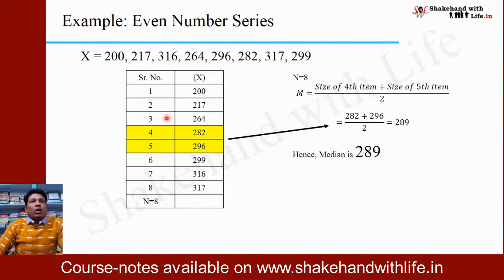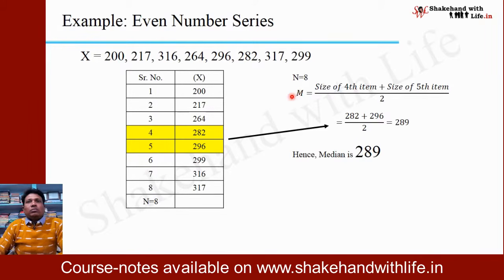Now this example showcases how you would calculate the median for an even number series. This series is an even number series and the total number of observations are 8. Therefore n is equal to 8.